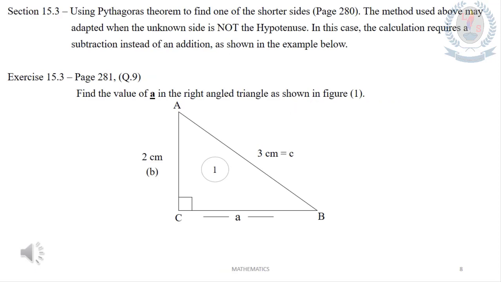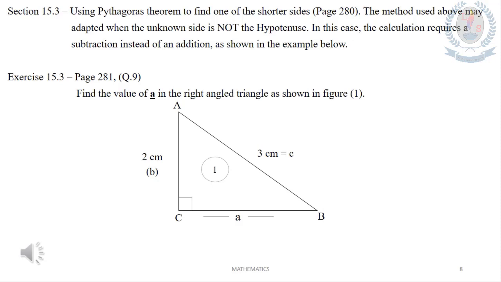Section 15.3, slide 8. Using Pythagoras theorem to find one of the shorter sides, page 281. The method used above may be adapted when the unknown side is not the hypotenuse.